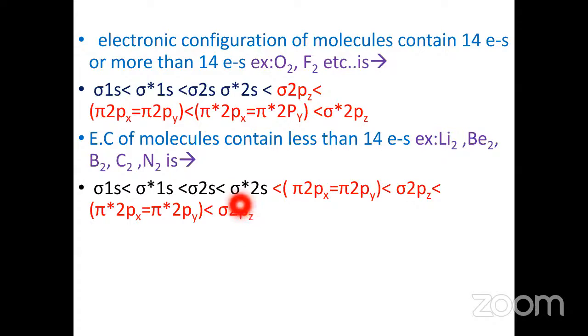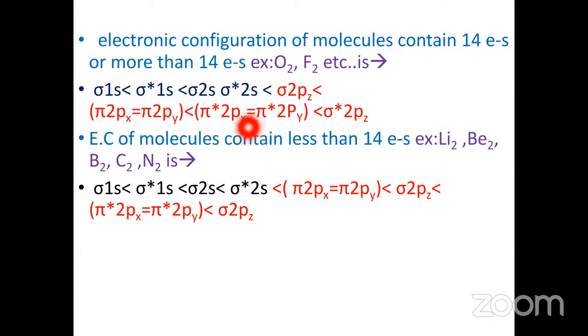Here, the electron configuration of molecules containing 14 electrons or more than 14 electrons, and the electronic configuration of molecules containing less than 14 electrons, is the same up to here. But the electronic configuration of molecules containing 14 electrons or more is different from here to here.